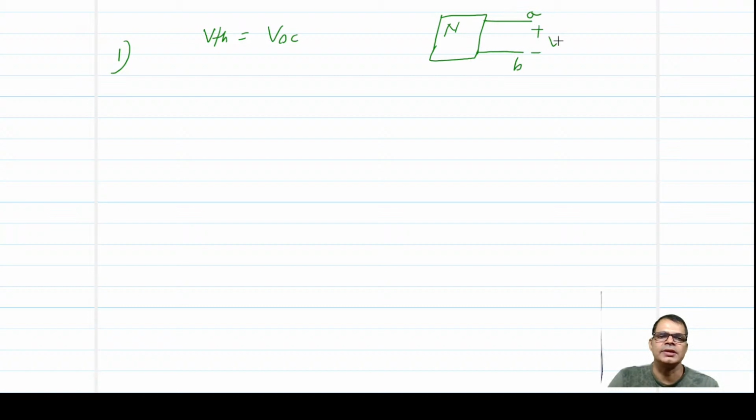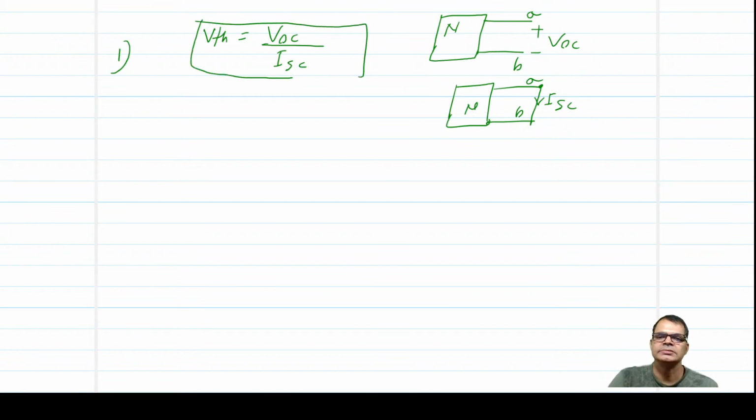First you calculate the open circuit voltage. Then connect a short between A and B. Short the A and B. And this will be the ISC, short circuit current. So your RTH will be the open circuit voltage upon ISC, the short circuit current.